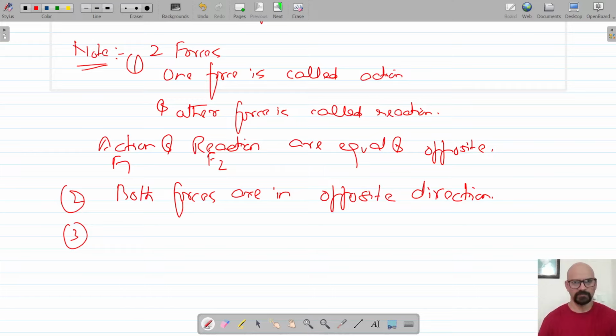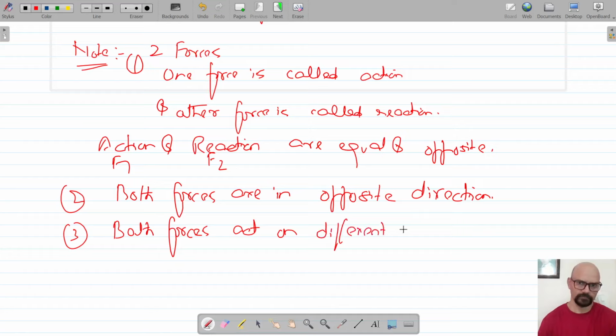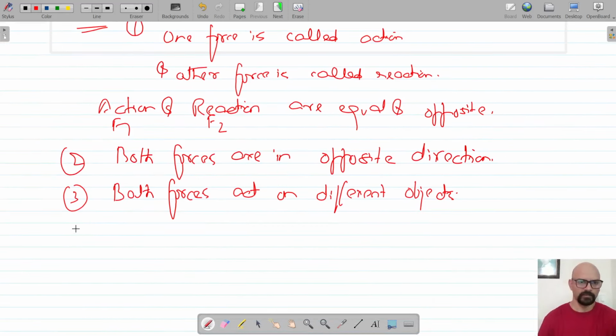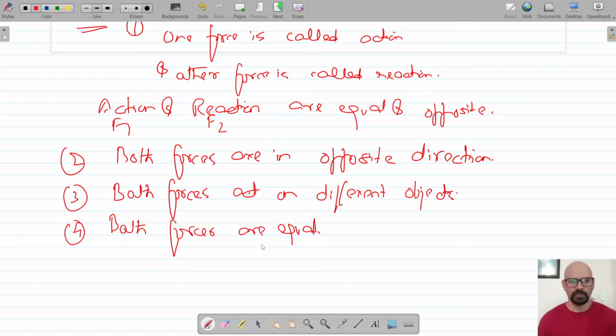So this is the third point: both forces act on different bodies. And we had already mentioned that both forces are equal.